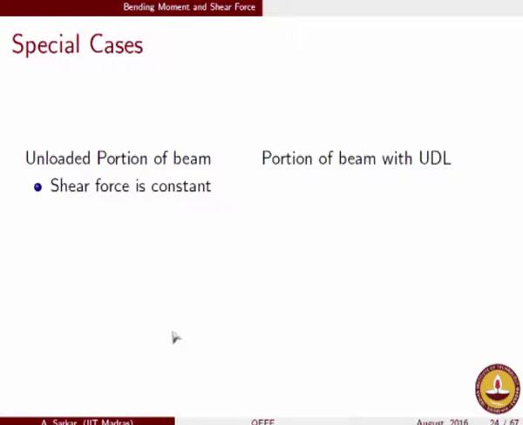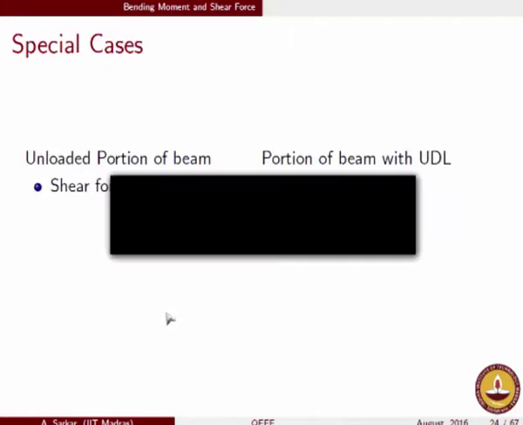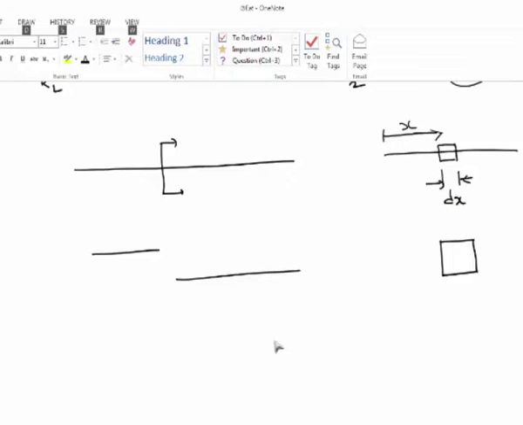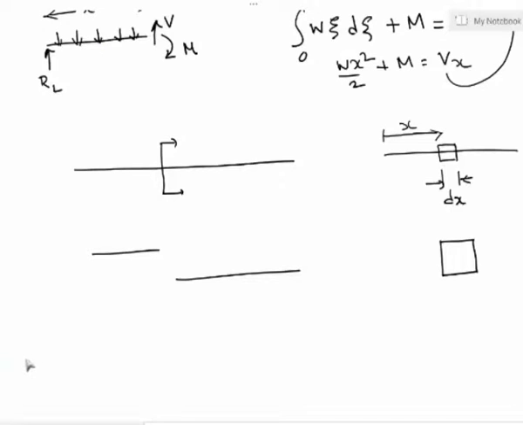Okay, there are some special cases which I would like to talk you through. In case there is a portion of the beam which is not loaded. What do I mean by that? We have done this problem a while ago. Let us return to that cantilever beam with a downward load or an upward load, it does not matter. In this portion of the beam there was absolutely no load, right.